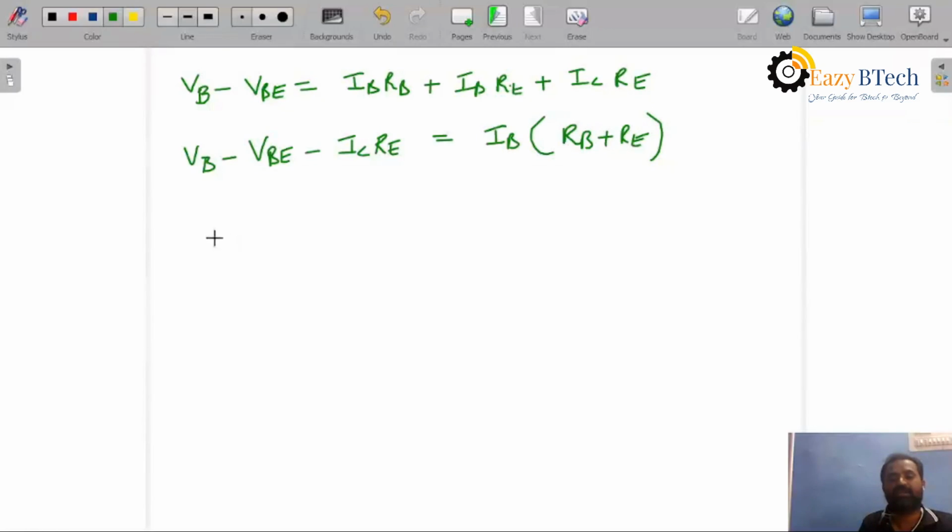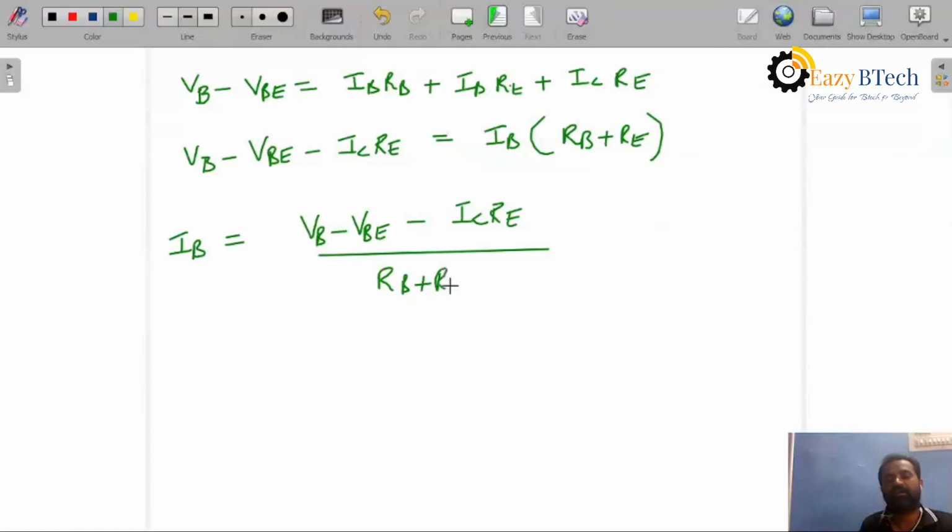To get IB, we get VB minus VBE minus IC RE, by RB plus RE.